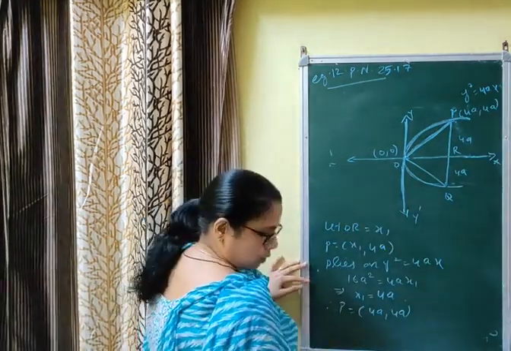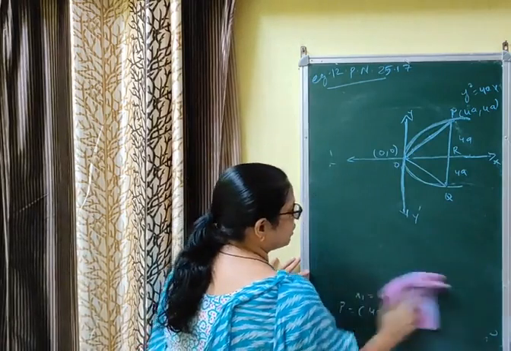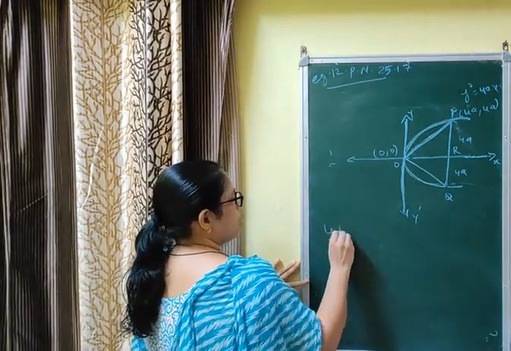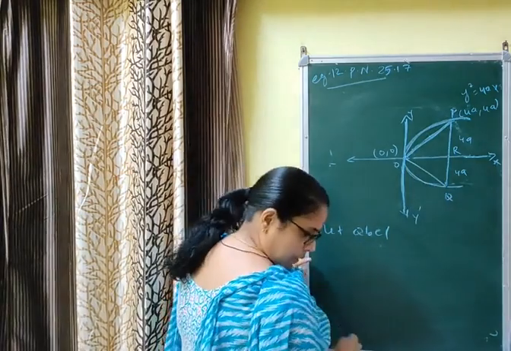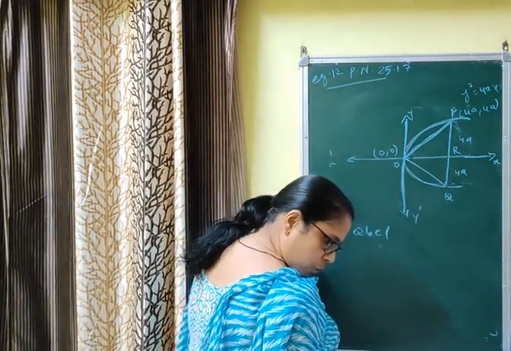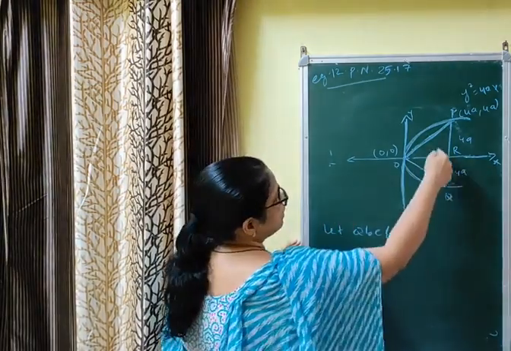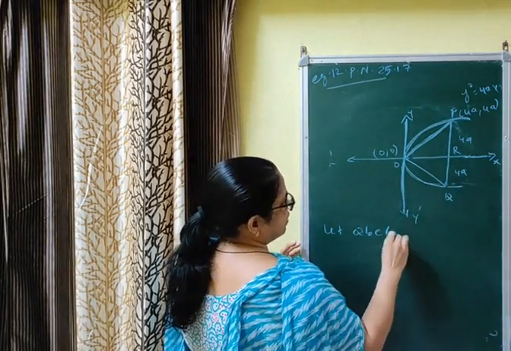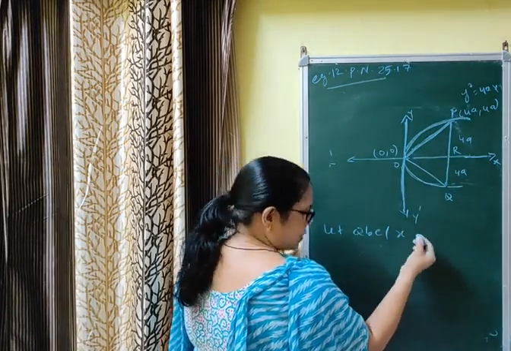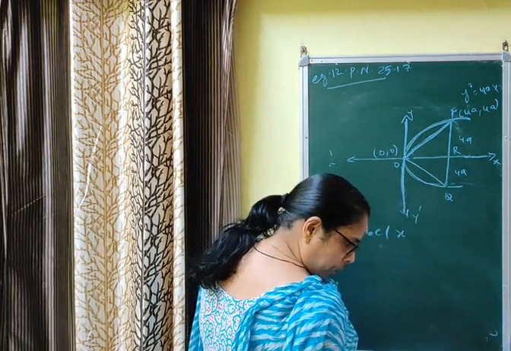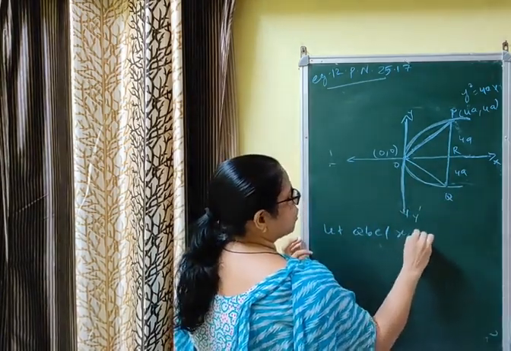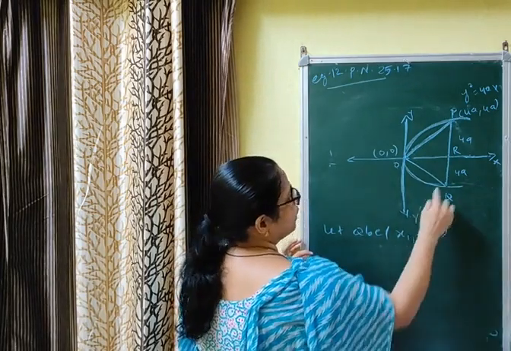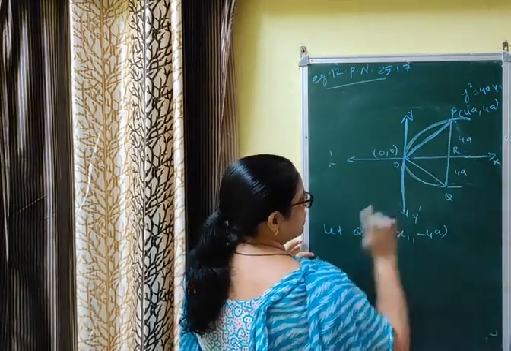Similarly, what is the coordinate of Q? Q का coordinate क्या होगा? Let the coordinate of Q be, क्या आएगा इसमें आप बताइए. Since this is the negative y-axis, I am taking x1 comma minus 4a, क्योंकि ये distance positive रहता है, ये distance negative रहता है.